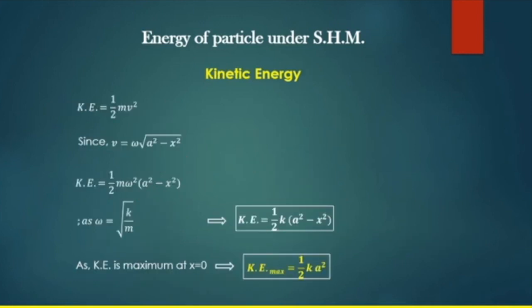Coming to kinetic energy, we know that kinetic energy is equal to half mv square, and as we calculated the velocity already, putting this velocity in this equation we will get the kinetic energy here, and putting the value of omega, we can get this kinetic energy. Now, as at the center the kinetic energy is maximum, putting x equal to 0 in this equation, we will get the maximum kinetic energy value.